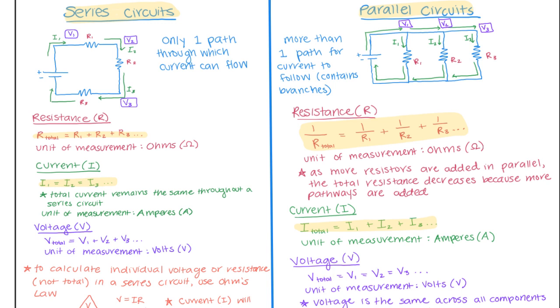Since electric charges have more paths to follow in a parallel circuit, we might not have the same current across all three branches. So the total current is simply calculated by adding the currents together.